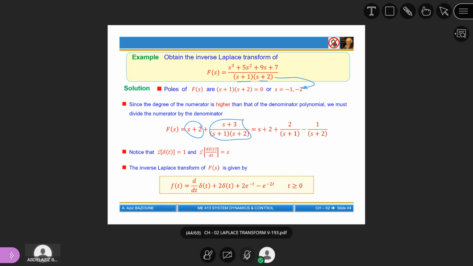This expression here, we just solved in the previous example. There's no problem with it. And then we end up having to find the inverse Laplace transform of this and this one. You know, Shabab, the Laplace transform of delta t, the impulse, is equal to 1.